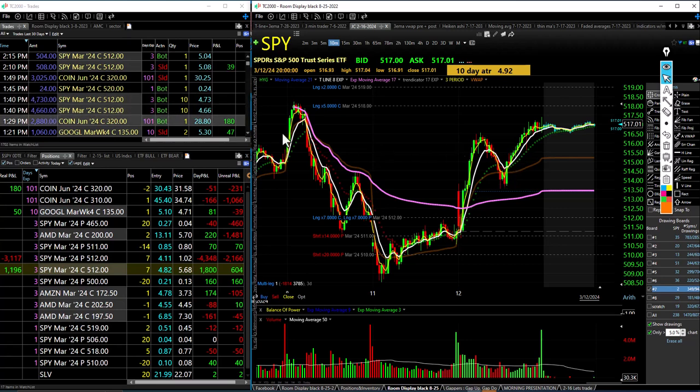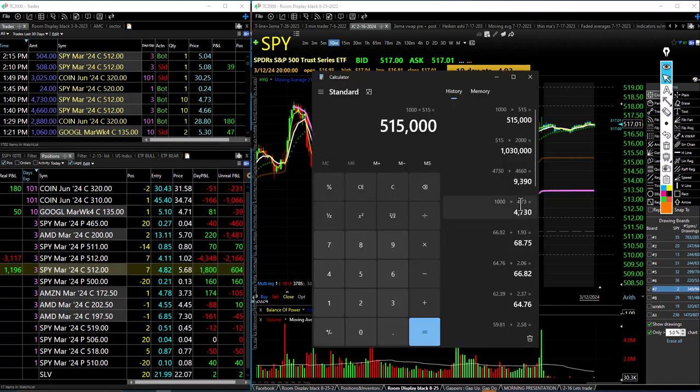So as you can see, when you have the right direction, you can make almost 20% on your money in a matter of 2 hours. Almost 20%. There's 1,800. What did I have invested in this trade? 9,390.